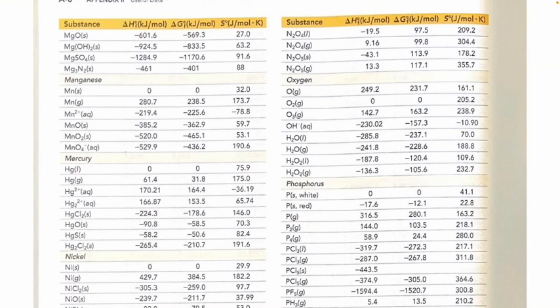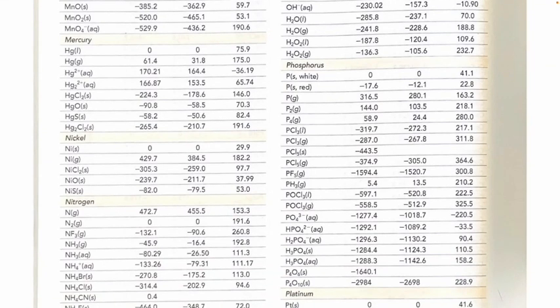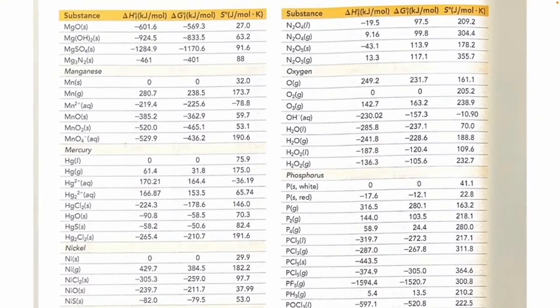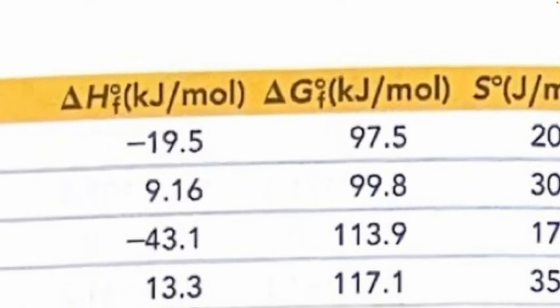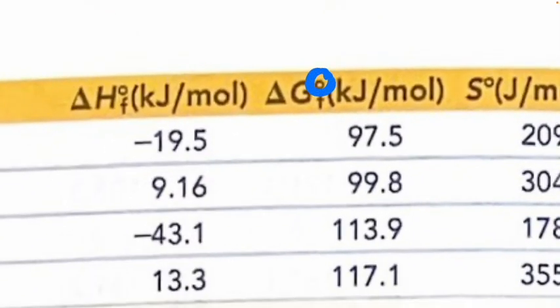So it doesn't really matter that these were tabulated for reactions that aren't your particular reaction. You can still use them and sum them up for your particular reaction. So again, as long as you can find all of your compounds on this table here, you can predict those thermodynamic variables.